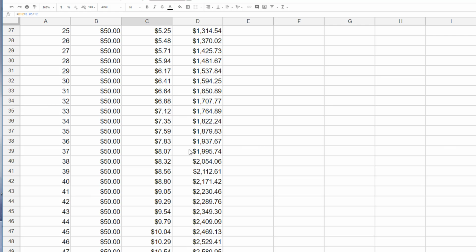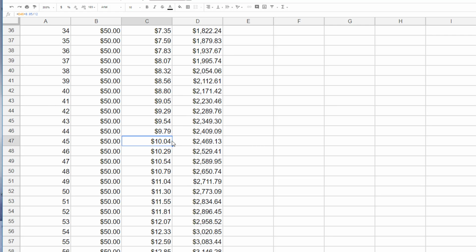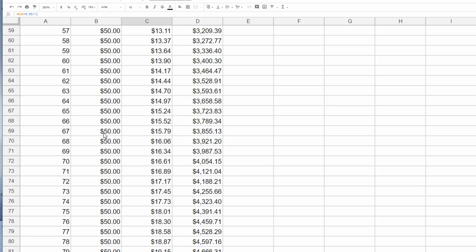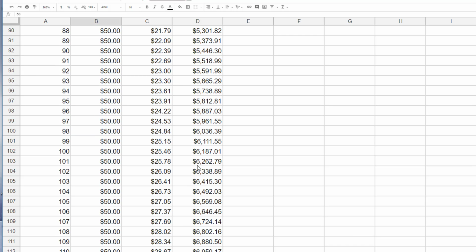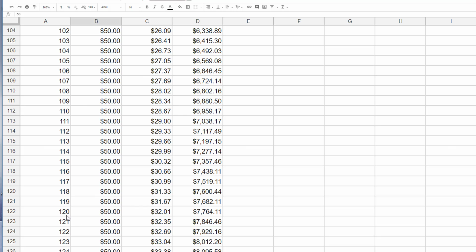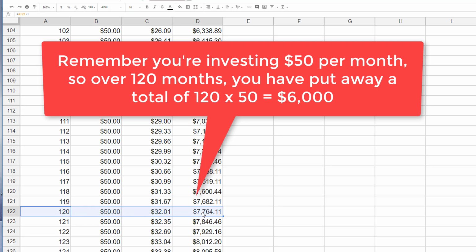I'm going to scroll down a little bit here, because after a while I'm earning $10 a month. Now notice I am still investing $50 every month into this account, so I'm putting a decent amount of money away. And I wanted to get down here to the bottom. After 10 years, which is 120 months, I'm earning $32 a month in interest, and I'm still putting the $50 away.